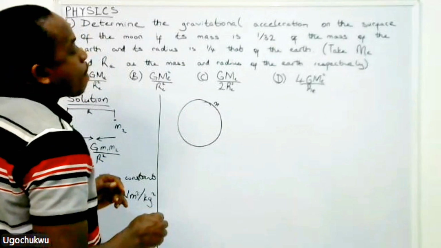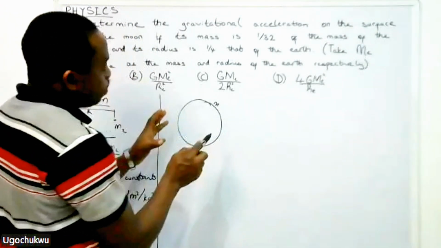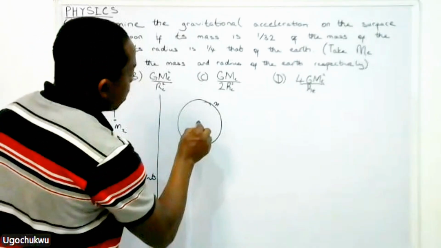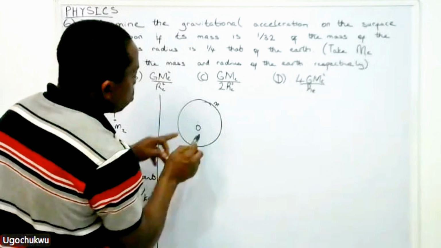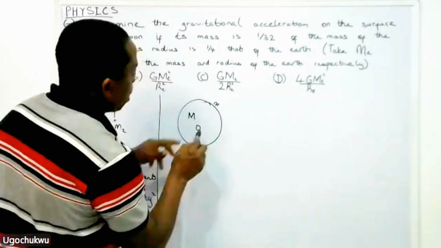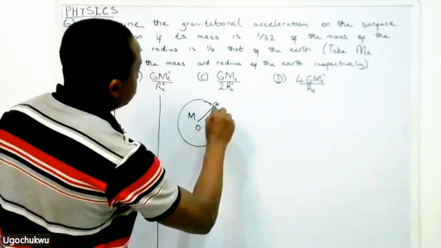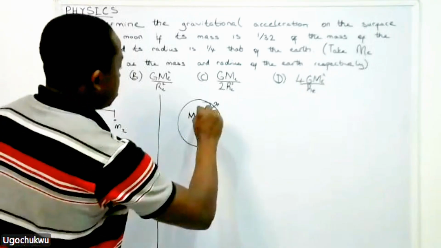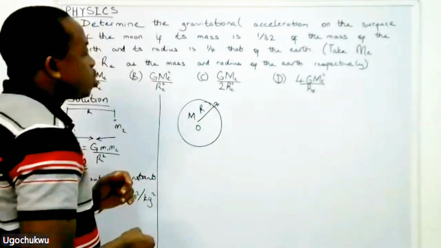Now, if we assume that the density of the Earth is uniform, we can say that the mass of the Earth will be concentrated at the center of the Earth, which is O. And then the distance between that mass on the surface of the Earth and the center of the Earth is R, let's say the radius of the Earth in this situation.